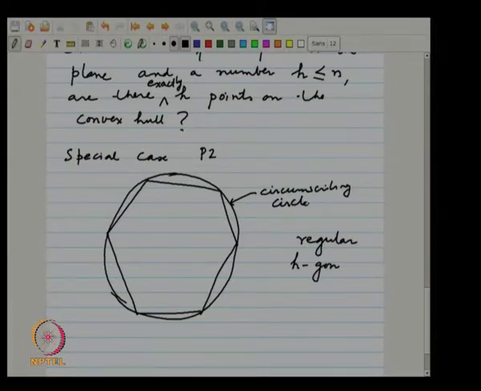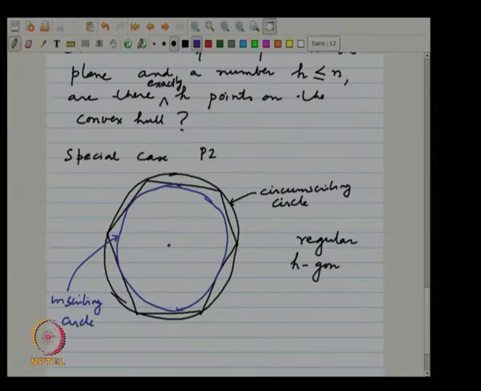I will also have, similarly, my inscribing circle. Suppose this is the center of the circle.